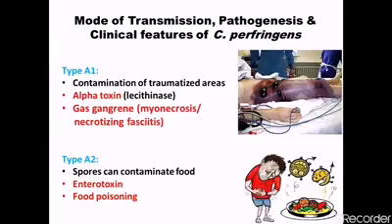There are two types of Clostridium perfringens, type A1 and type A2. So we will compare type A1 and type A2 simultaneously.